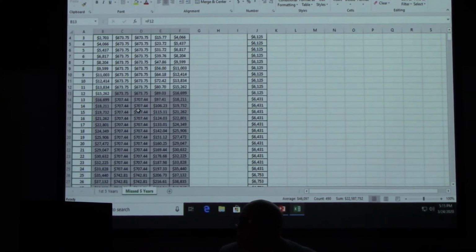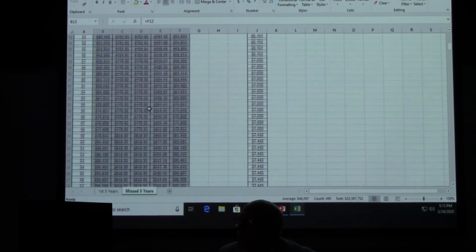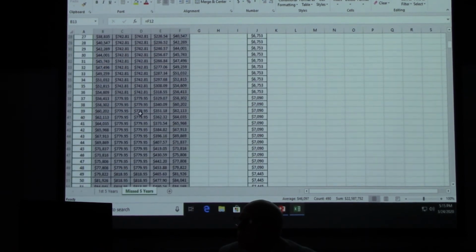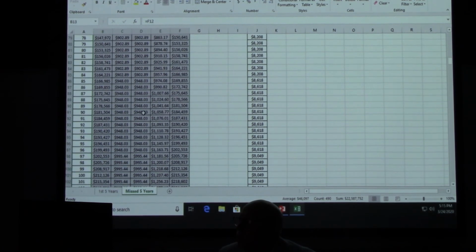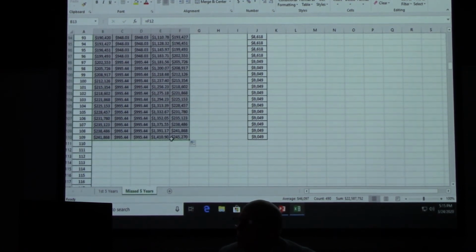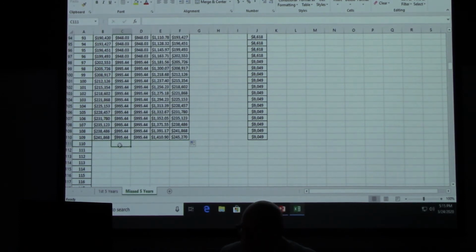Okay, and then in the second year, let's scroll down here and see what we've got. Let's see how much we put in. 1, 2, 3, 4, 5, 6.